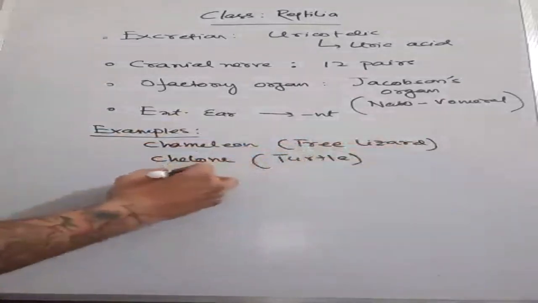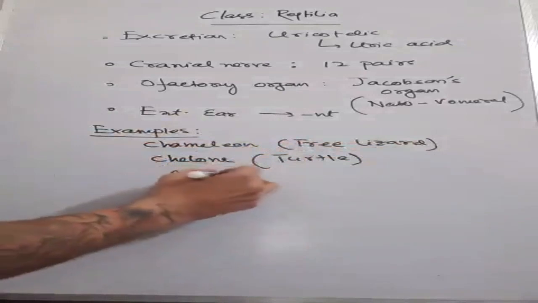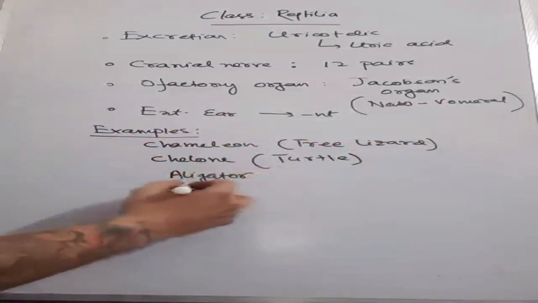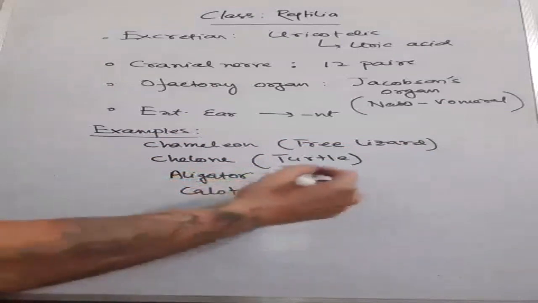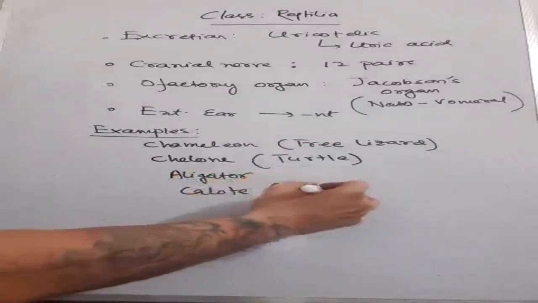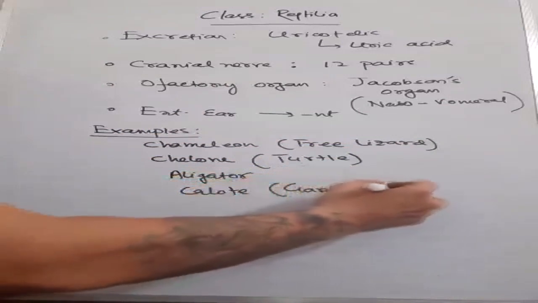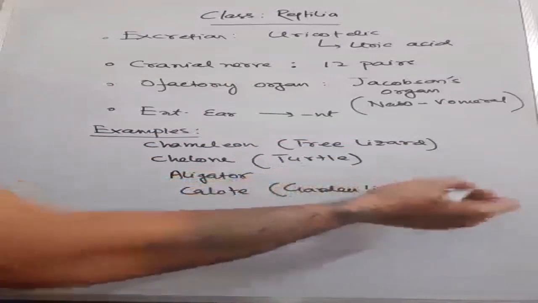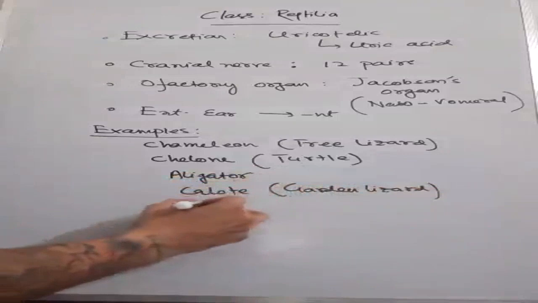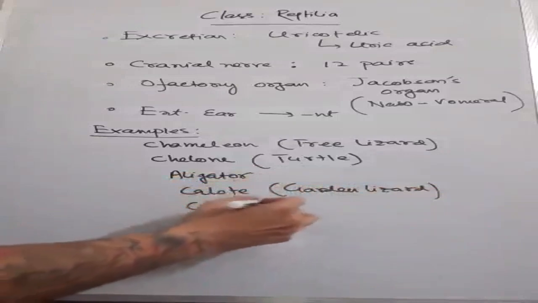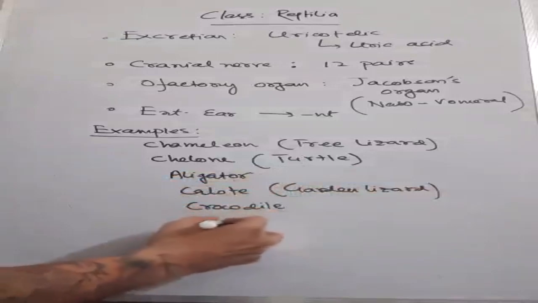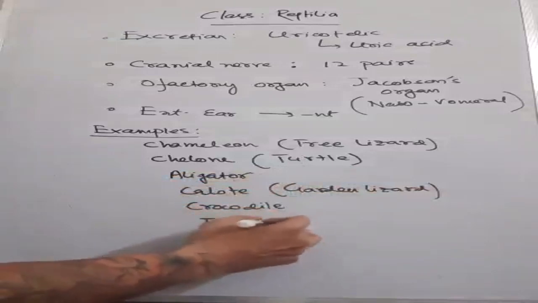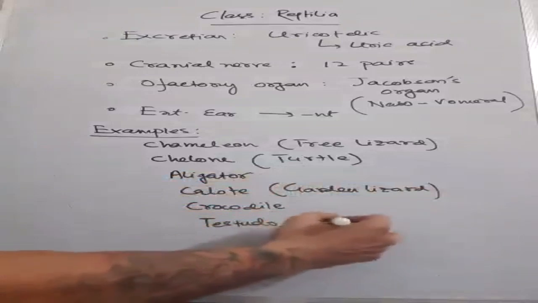The next one is alligator. Next is Calotes, C-A-L-O-T-E-S. Calotes is nothing but the garden lizard. Next is crocodile. And the next is Testudo. Testudo is known as the tortoise.